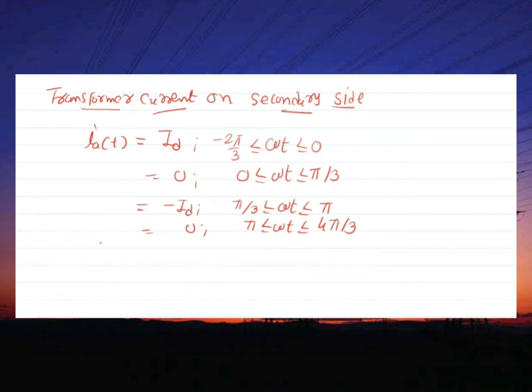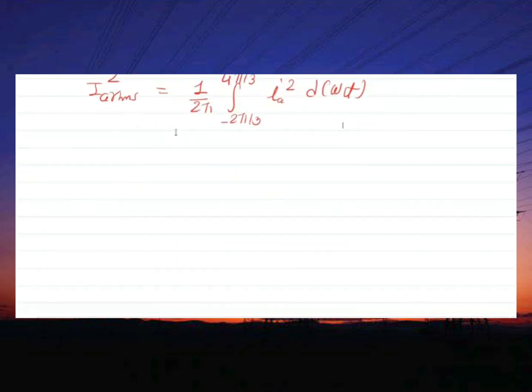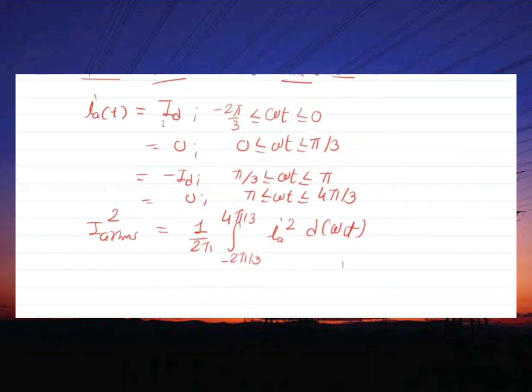Again the same equation: IA RMS square is equal to 1 upon 2 pi, with the limit from minus 2 pi by 3 up to 4 pi by 3, IA square d omega t, right? Putting the values: from minus 2 pi by 3 to 0 it is ID, 0 to pi by 3 it is 0, pi by 3 to pi it is minus ID, and again pi to 4 pi by 3 it is 0.